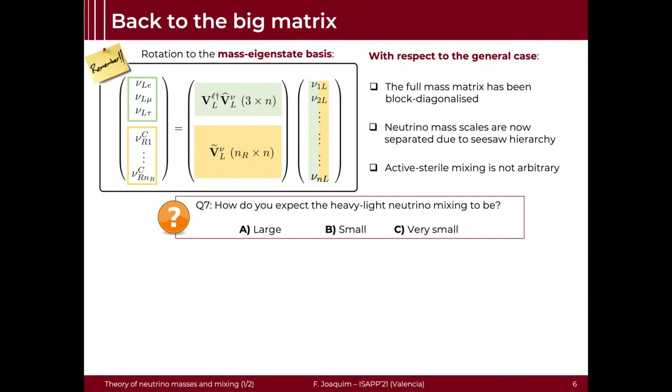So if I now ask you, how do you expect the heavy light neutrino mixing to be? Would you say it's large, small, or very small? So let me put here A, B, and C. Okay, can you see it? Yes. Okay, perfect.